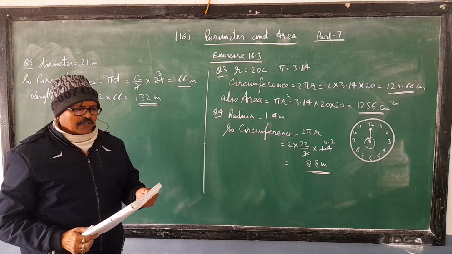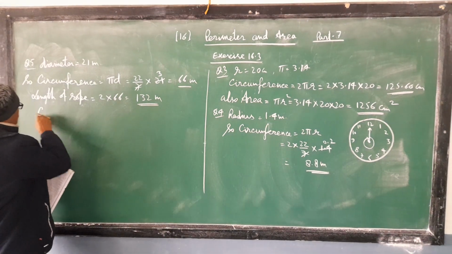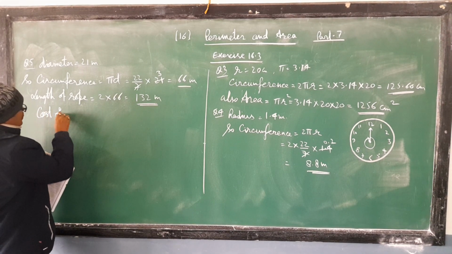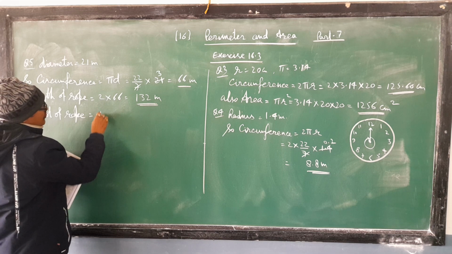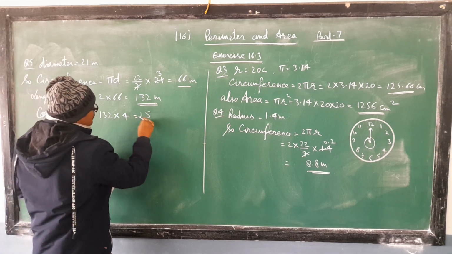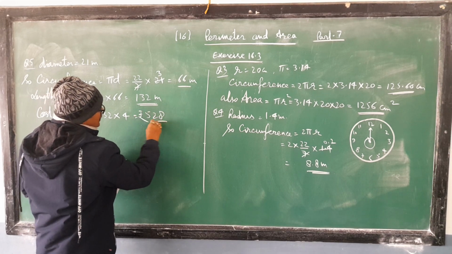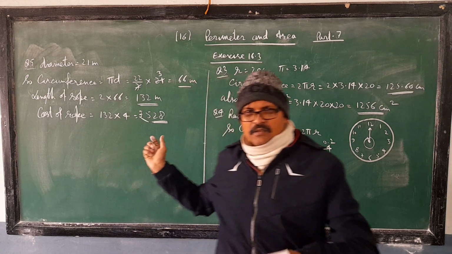And the cost of the rope is given as 4 rupees per meter. Cost of rope is equal to 132 into 4, which is 528 rupees. This is the cost. All of you are understanding now?